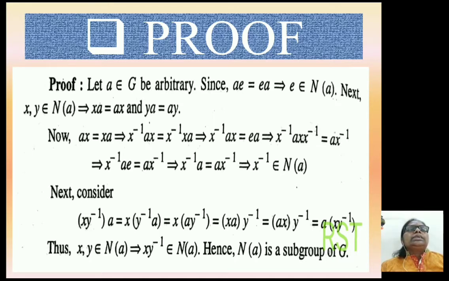Thus, since in the normalizer we get ax equals xa, y inverse into a equals a into y inverse. Thus, x, y belongs to N(a) implies x y inverse belongs to N(a). Hence, N(a) is a subgroup of G.